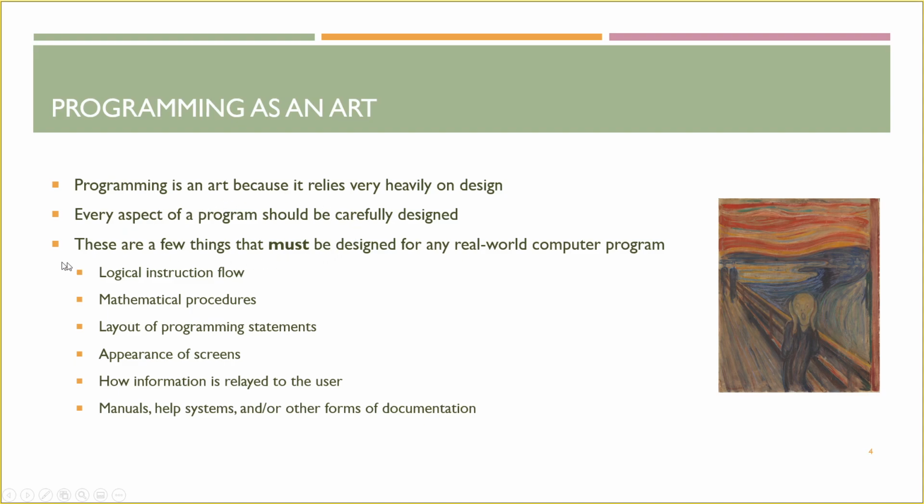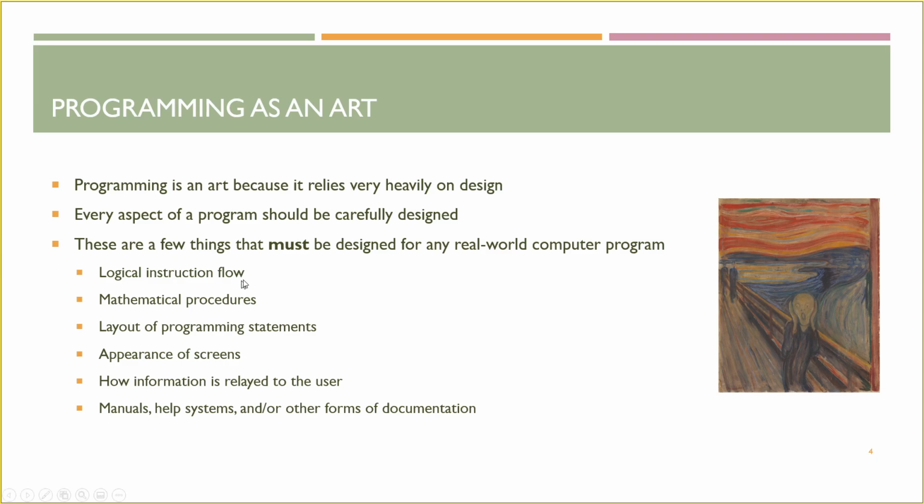And there are things that must be designed for any real-world computer application that you end up writing. Before you even write the code, there are things that you should always include in your design of your program. Something like a logical instruction flow, which we've discussed with algorithms before, which is just a sequential set of instructions.